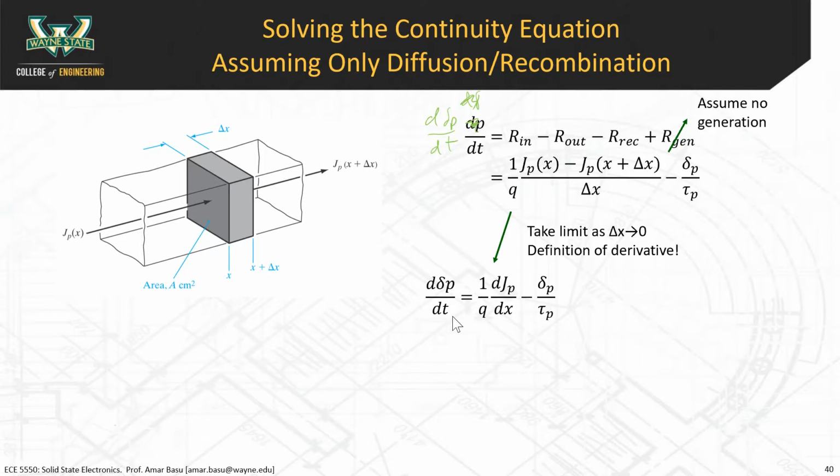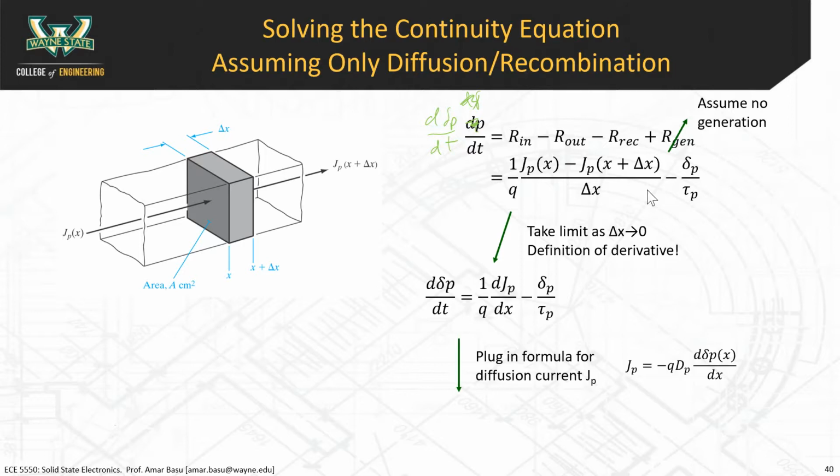Okay. The next step, then, is we plug in the formula for the diffusion current, Jp. So this current, Jp, we're going to assume for a second that it's just due to diffusion, because there's no voltage being applied to this thing. So if you don't have voltage, then you don't have any drift currents.